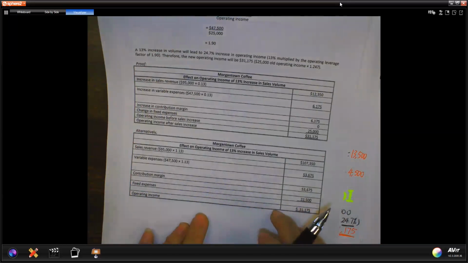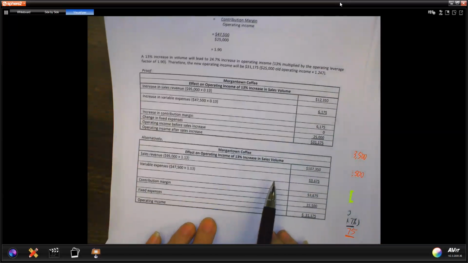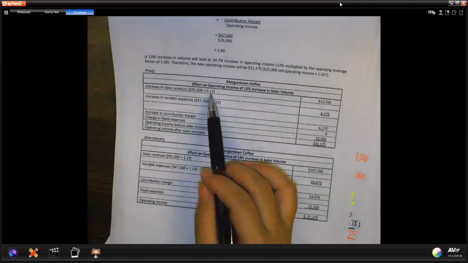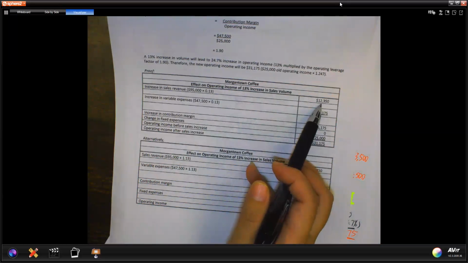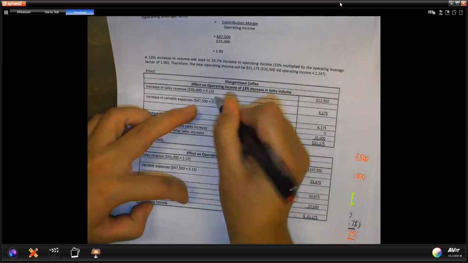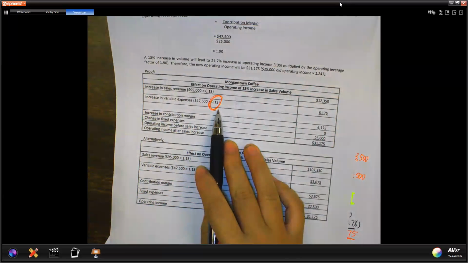It asks you to prove it. I will post this to the Blackboard, but basically you will say your volume is increased by 13%. So your sales revenue will increase by 13%. But remember, our variable cost has to increase by 13% too. Variable cost changes with the change of volume, right?